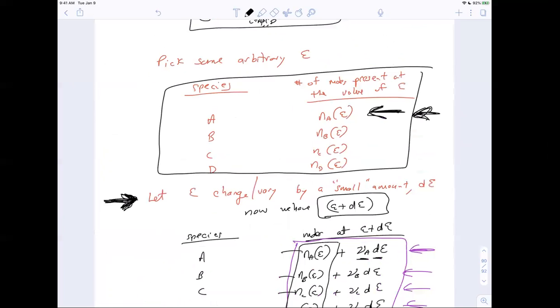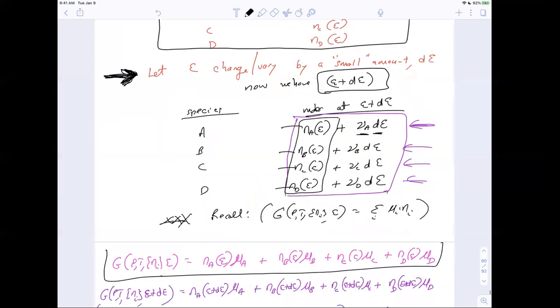Okay, and then we add whatever was the change because epsilon changed by amount d epsilon. And so that change is just going to be the stoichiometric coefficient of A times d epsilon, right? Because that stoichiometric coefficient tells us how much the number of moles of A changes per amount of reaction that's going to take place. And we don't worry about sign at the moment, because we know from before that all of the stoichiometric coefficients have a sign associated with them. Products, positive, reactants, negative. Okay.